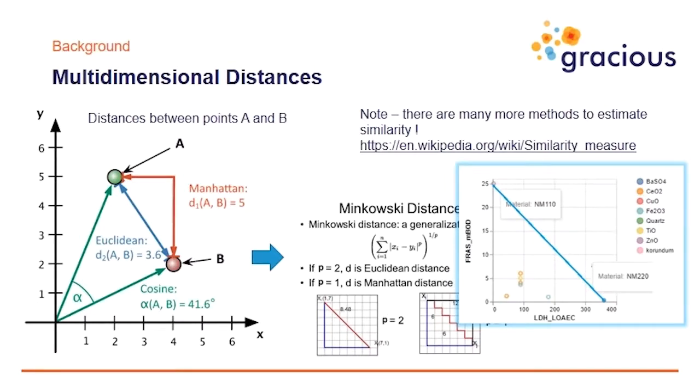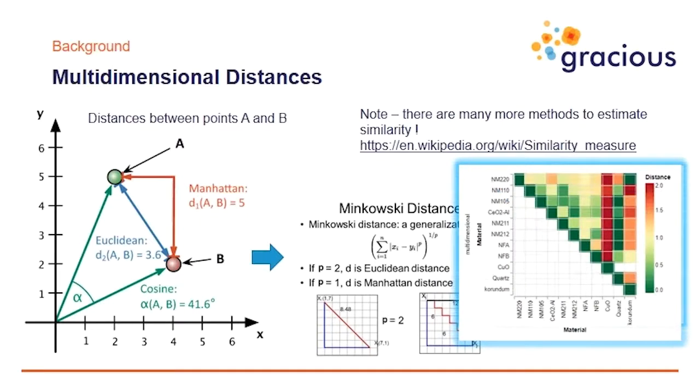On the right, the length of the blue line defines the two-dimensional Euclidean distance between zinc oxide and barium sulfate using the reactivity descriptor on the y-axis and the inflammation descriptor on the x-axis. Once we have the multidimensional distance calculated between each pair of nanoforms, we can populate the pairwise similarity matrix, where each cell corresponds to the integrated similarity across all relevant properties between a pair of nanoforms.